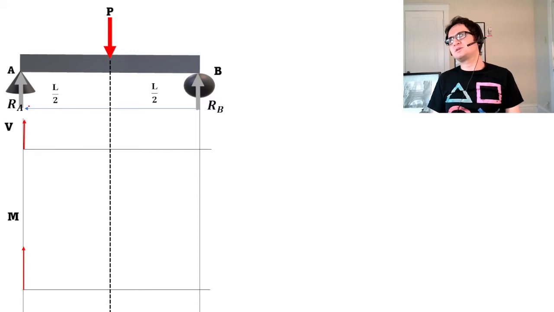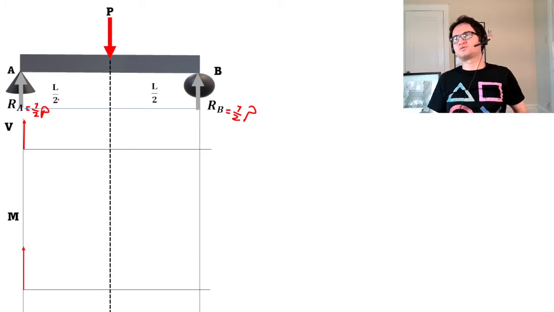In that case, RA and RB handle an equal load of half of that load, so that's 1/2 times P for RA and the same for RB.